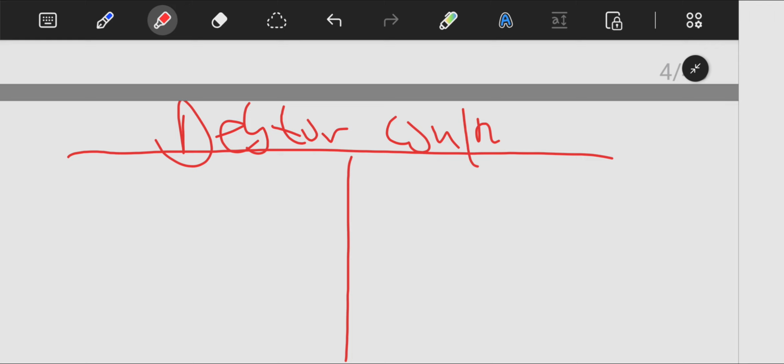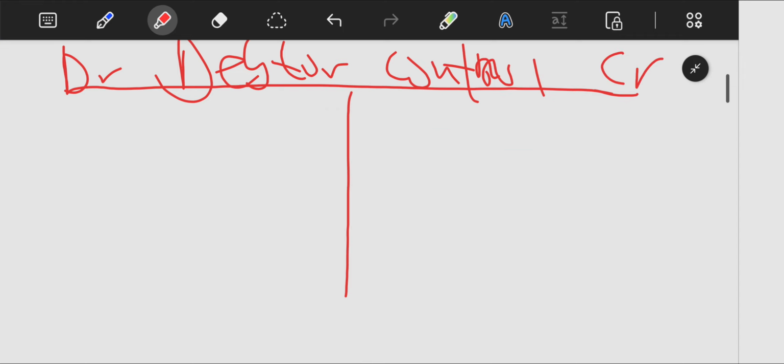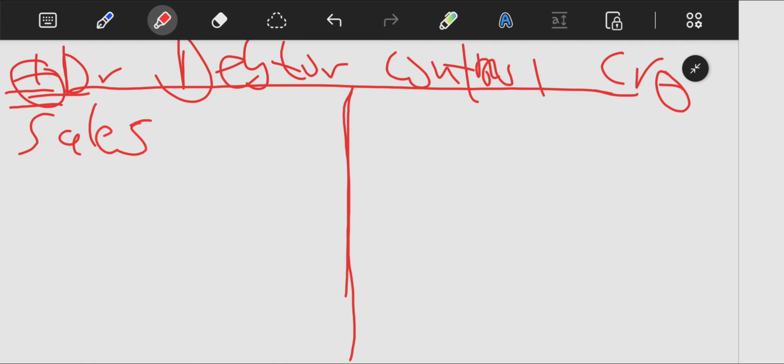Debtors control, debit, credit. This is an asset account. It increases on the debit side, it decreases on the credit side. Right, sales, how much was it? 31,200.